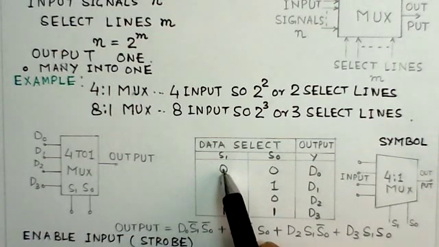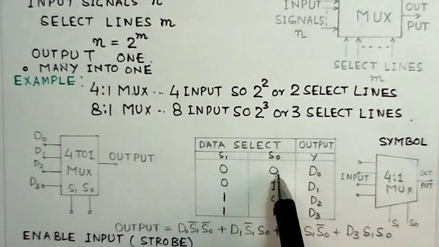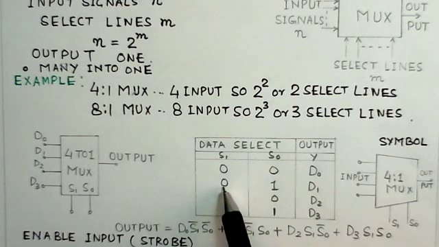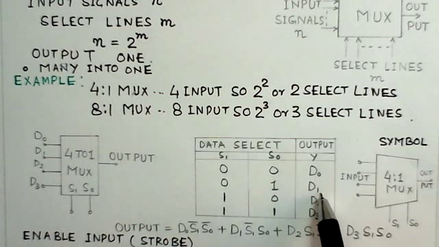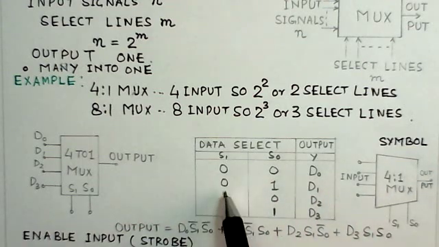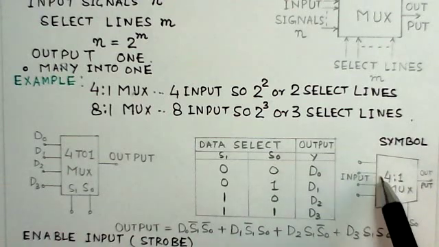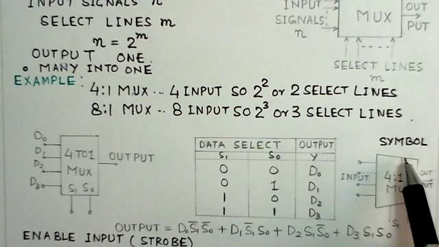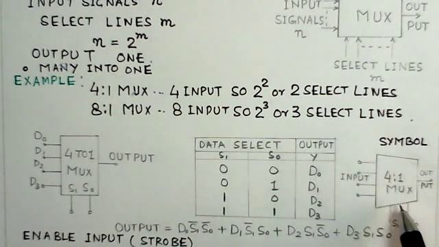When S1 is 0, S0 is 0, we get D0 at the output. When S1 is 0 and S0 is 1, we get D1 at the output. Similarly, the other inputs. And there's a symbol for multiplexer.